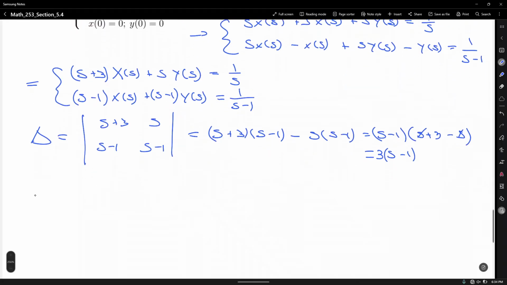One more minute. So the delta x will be given by, I'm going to replace the x column with 1 over s and 1 over s minus 1. That is (1 over s)(s minus 1) minus s times (1 over s minus 1).